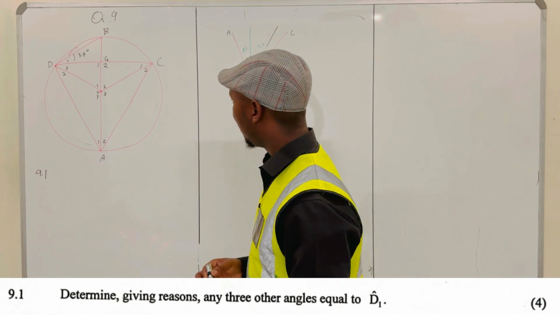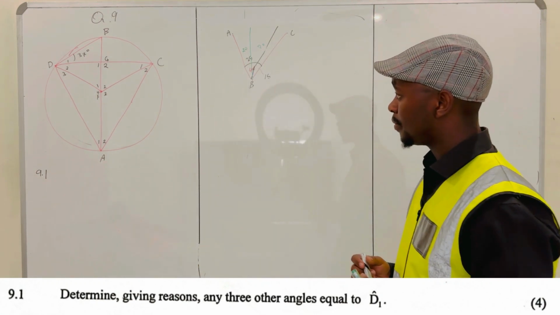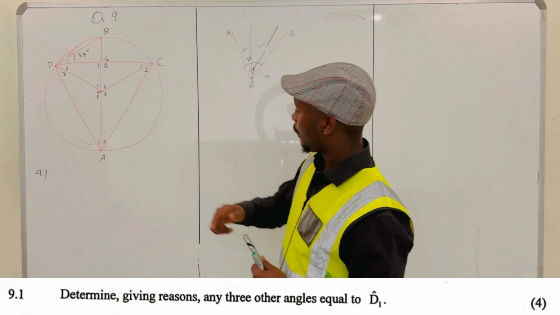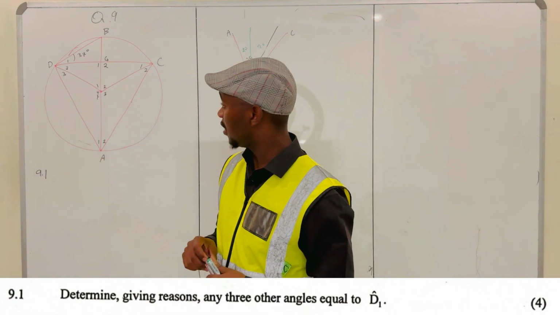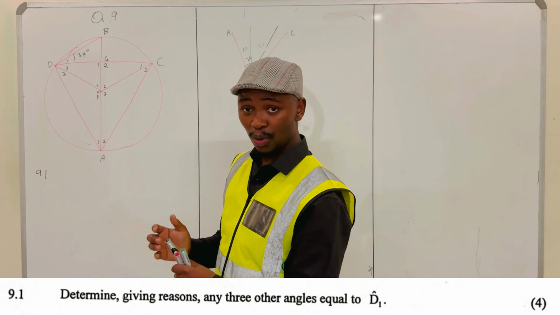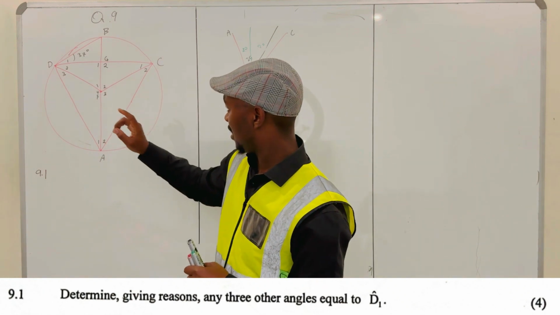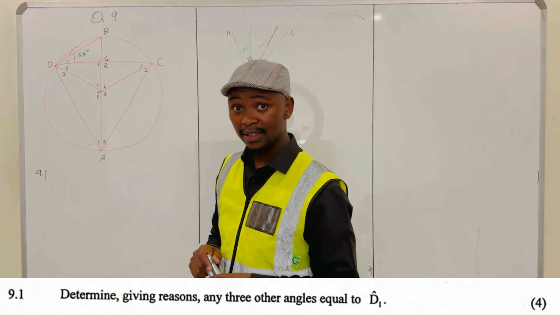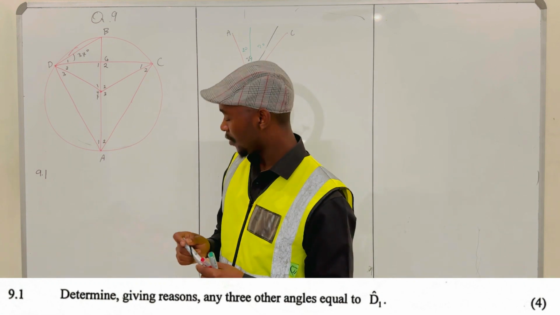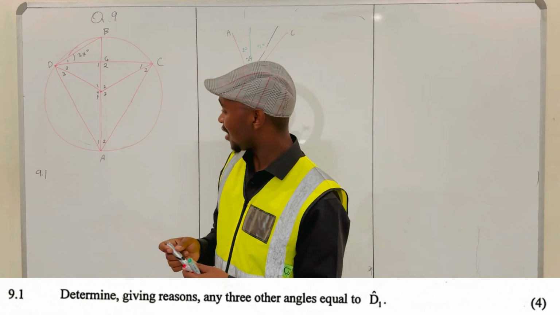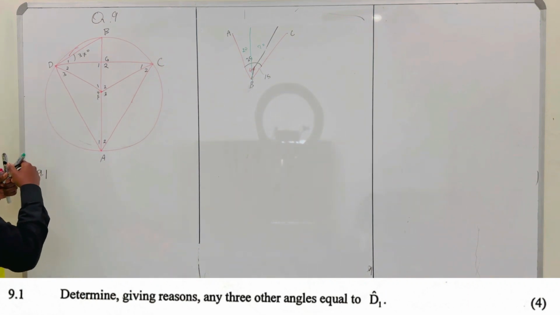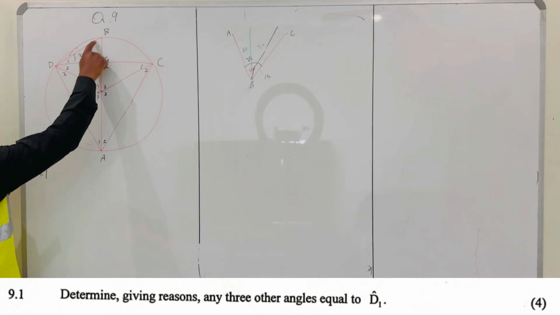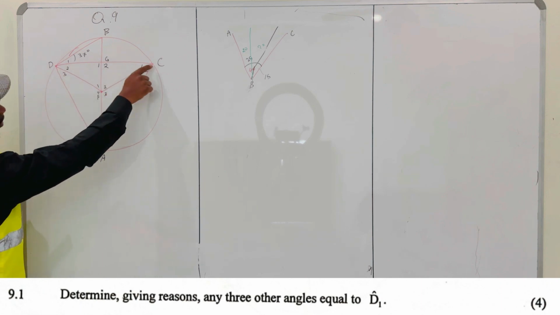Now where is D1? D1 is at that position. On the circle as a whole, D1 is situated on the circumference. But also angle D1 is surrounded by two chords, chord DB and chord CD.